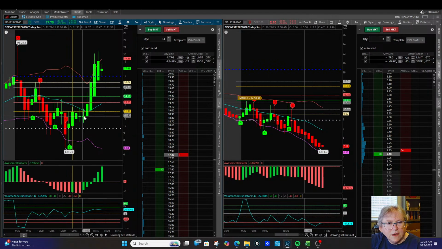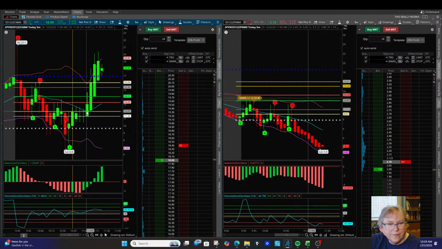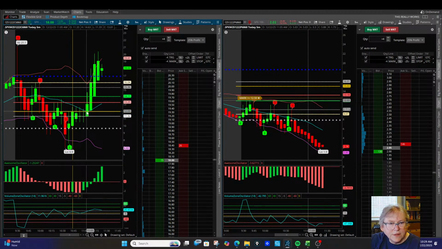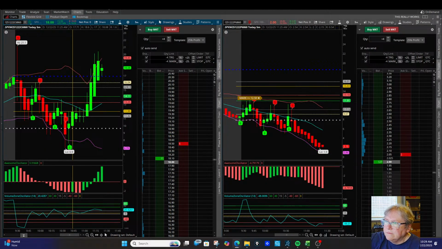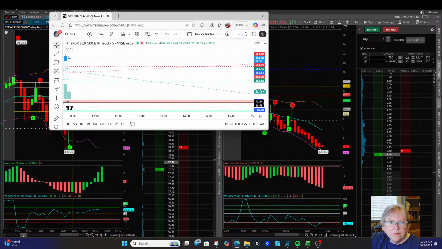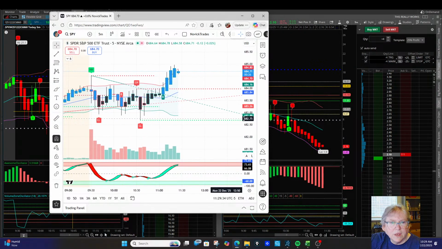And I think the key here was the real body of the candles went above that 20-day moving average. And that's when things started to happen. Let's look over at TradingView.